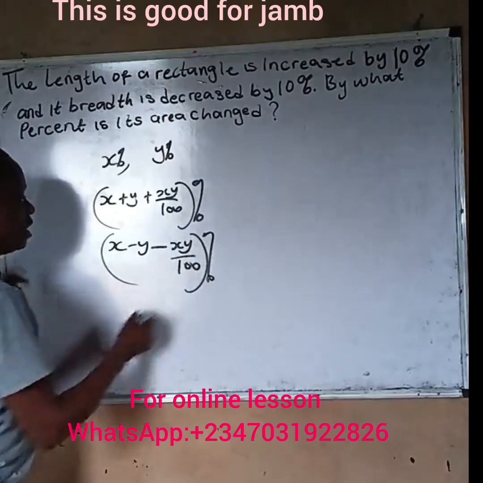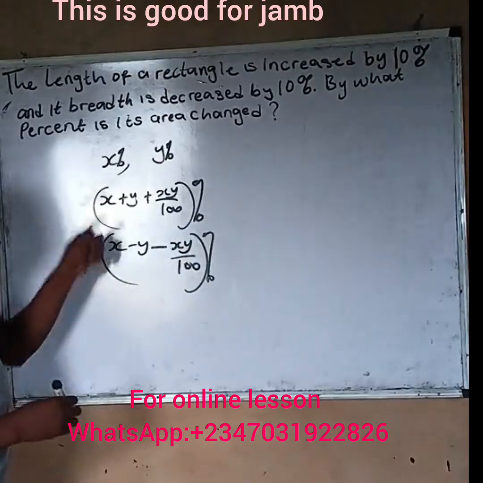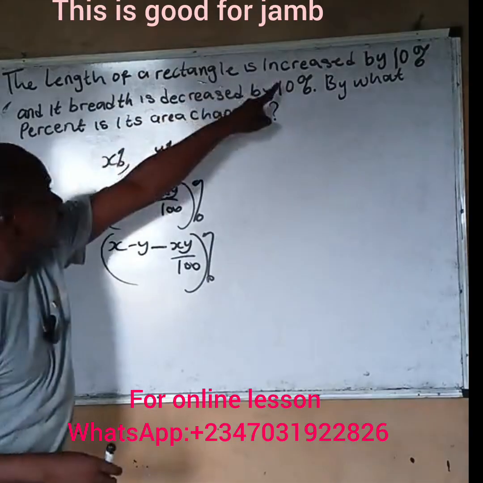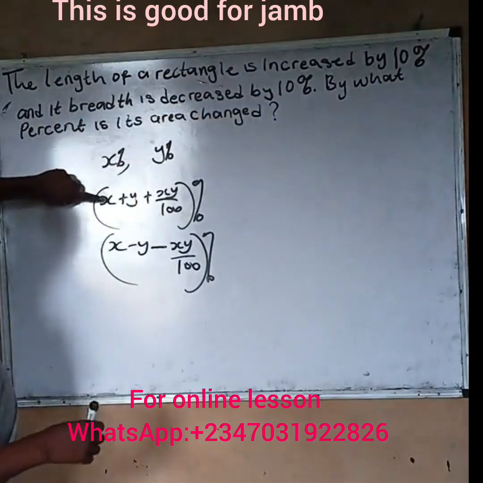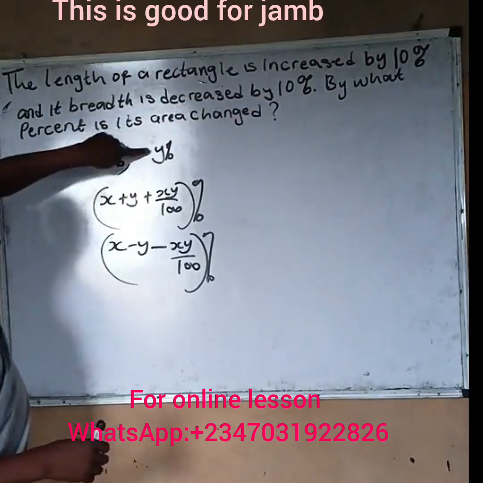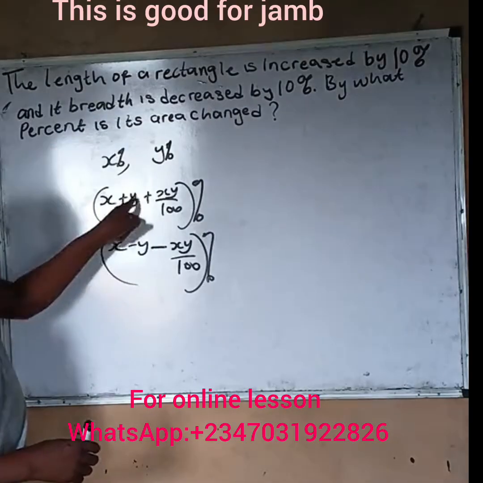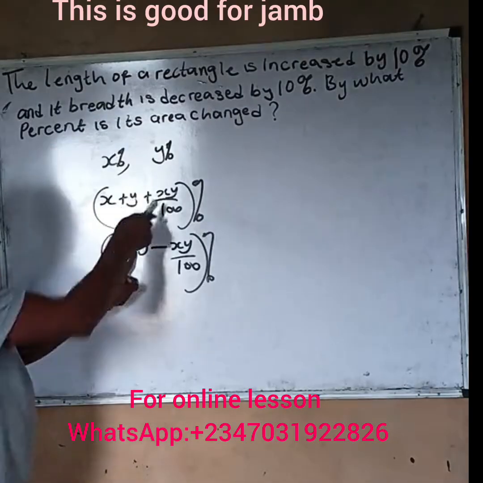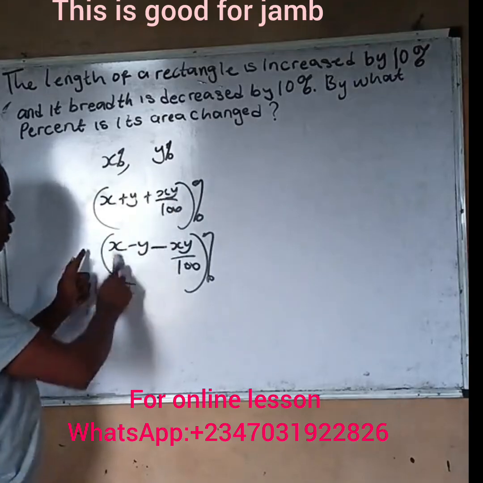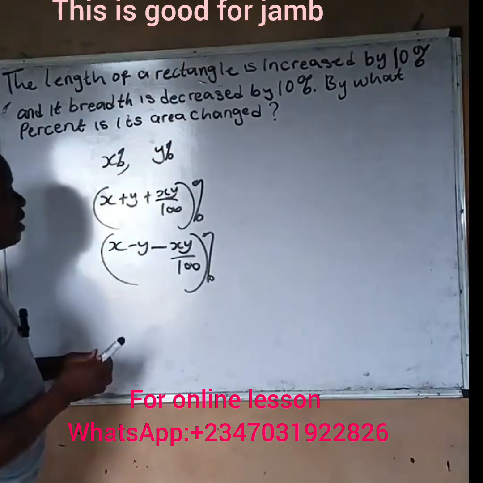Since the length increases, the x remains positive, but the breadth decreases, so the breadth now changes to minus. So this is the formula you'll be using for this case.